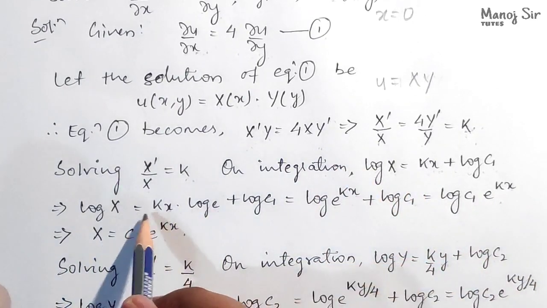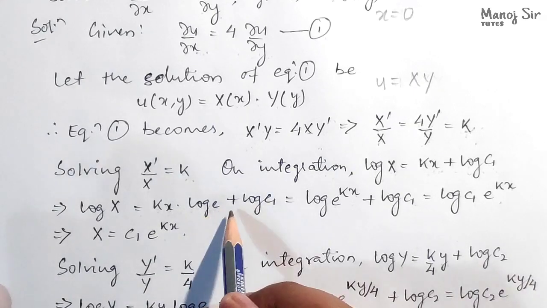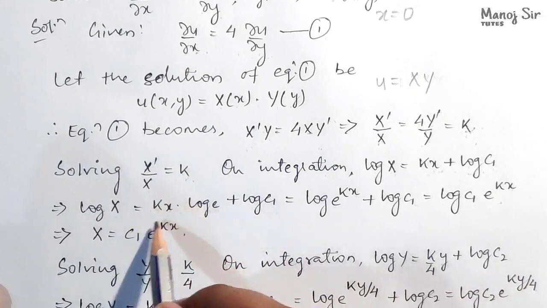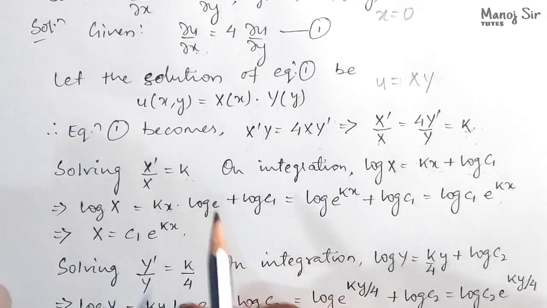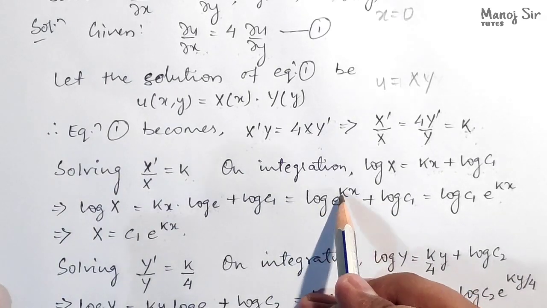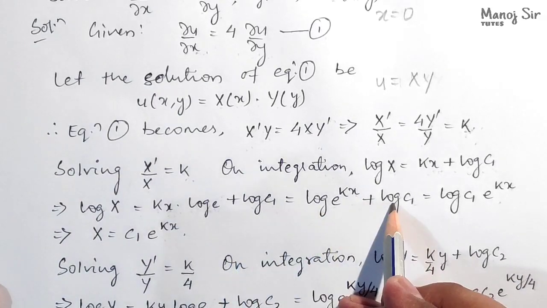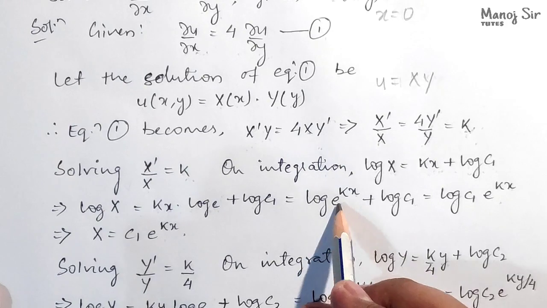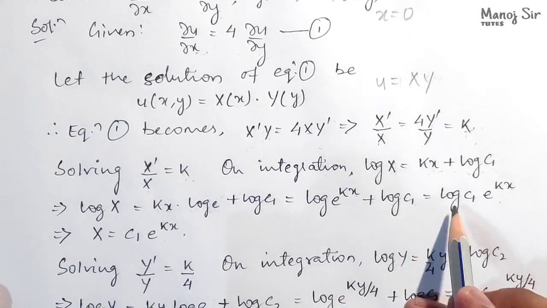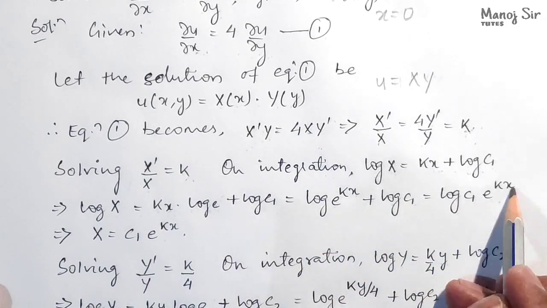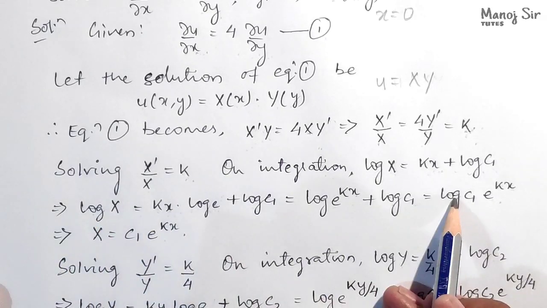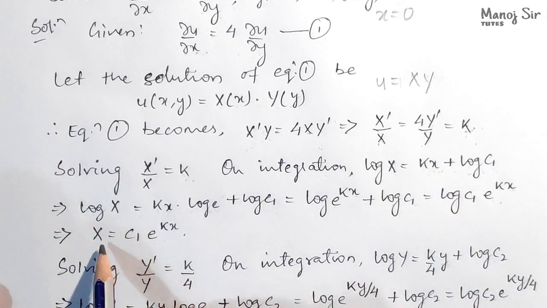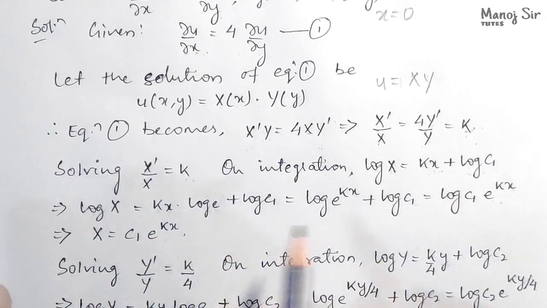So log X equals k into x into log e plus log c1. Now take this to log e to the power kx plus log c1. We know that log a plus log b equals log of a into b, so log of c1 into e to the power kx. Now the log cancels, and we have capital X equals c1 into e to the power kx.